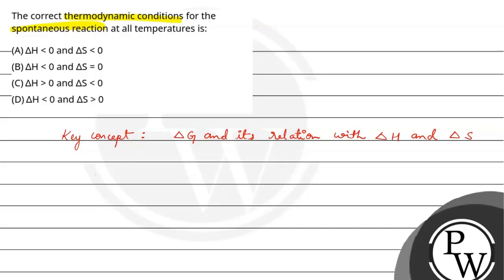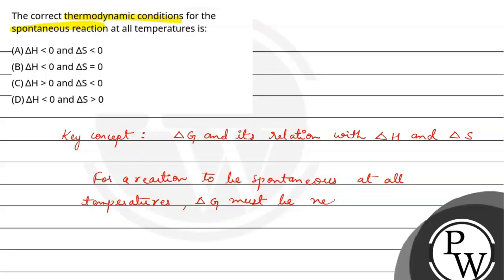Because for a reaction to be spontaneous at all temperature, delta G must be negative value. So this we know. So therefore we are considering Gibbs free energy change here.